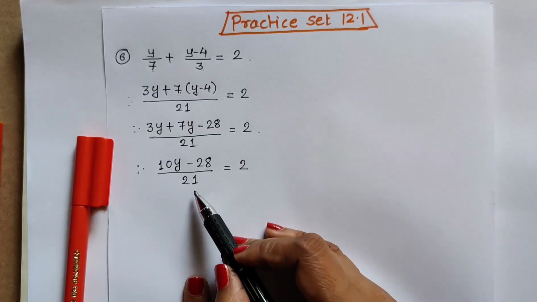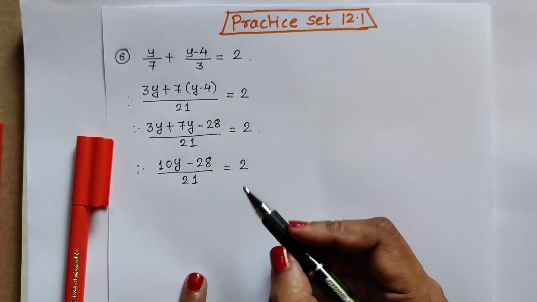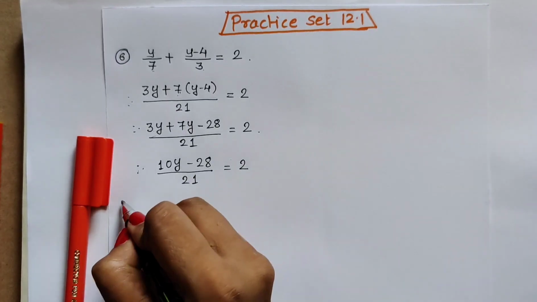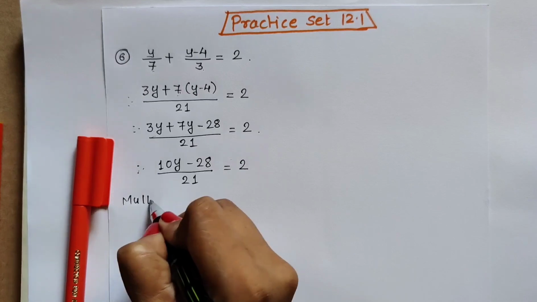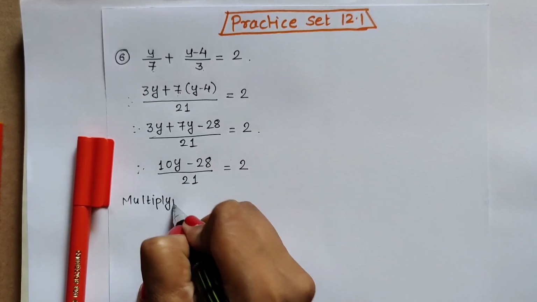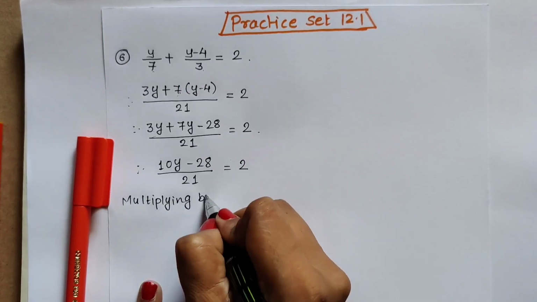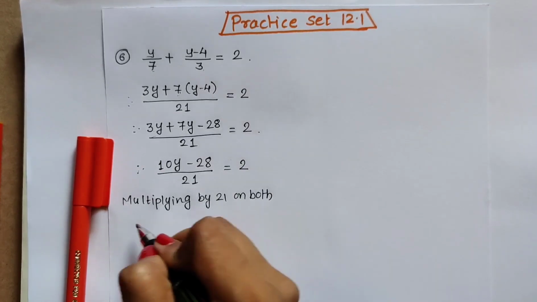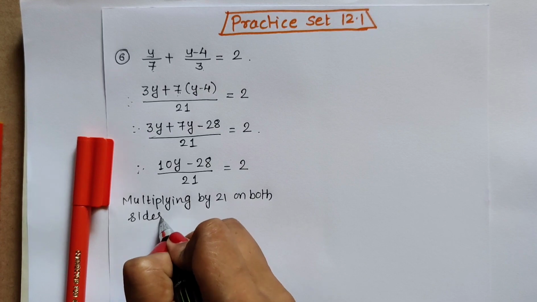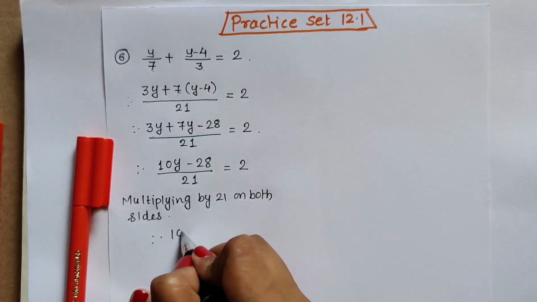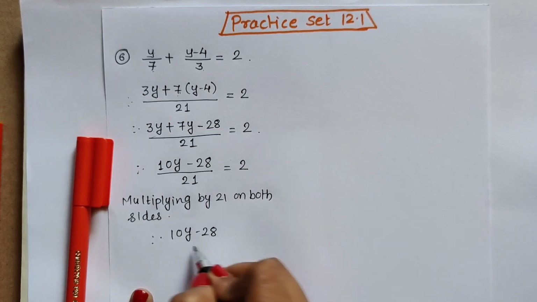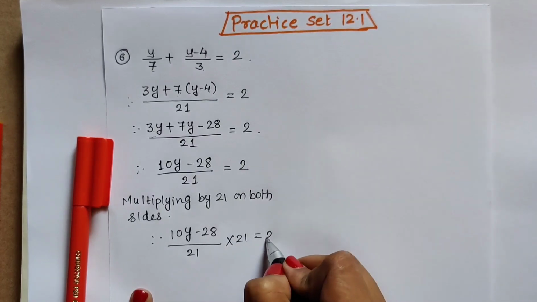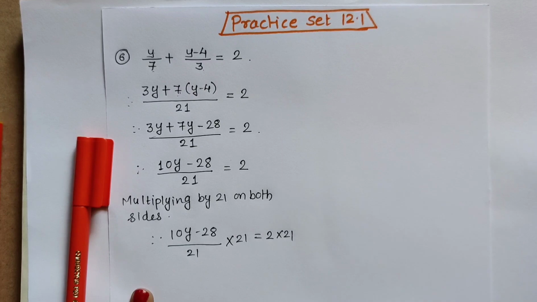So as dividing by 21 is there, we have to do exactly the opposite operation, multiplying by 21 on both sides. So I write both the sides: 10y minus 28 upon 21 multiplied by 21, and 2 also multiplied by 21.